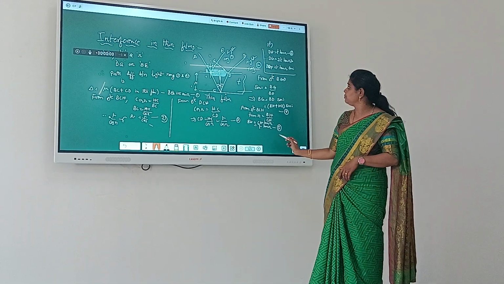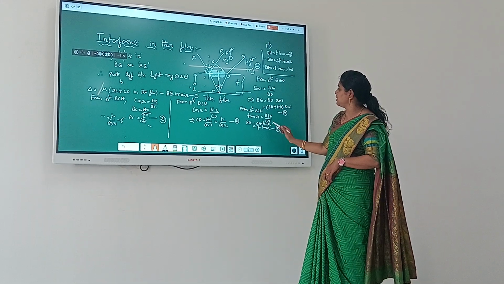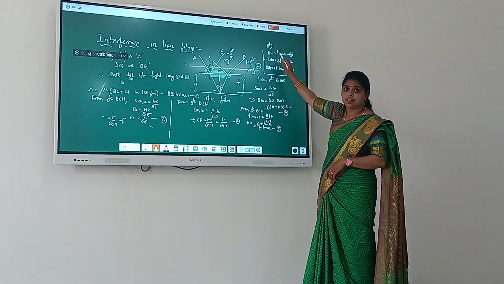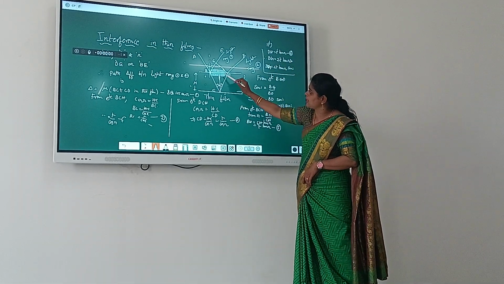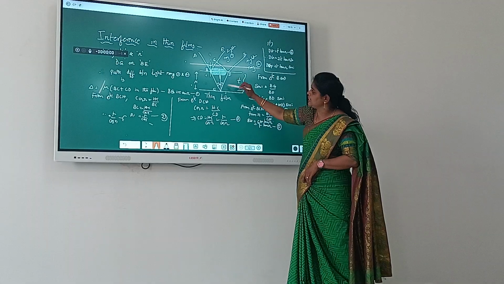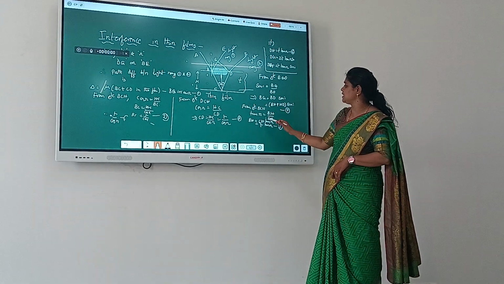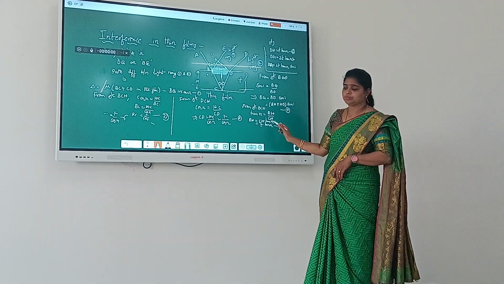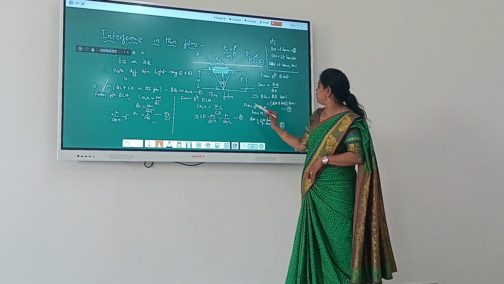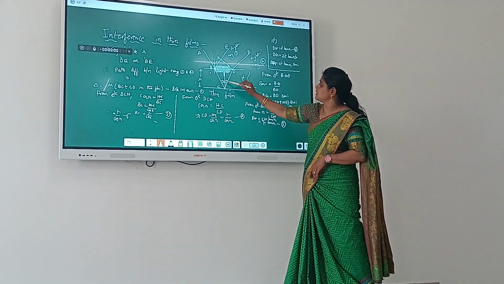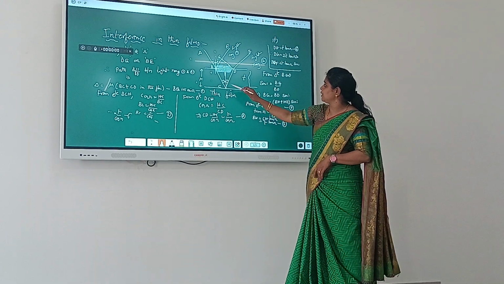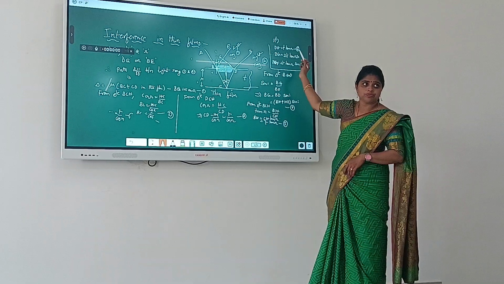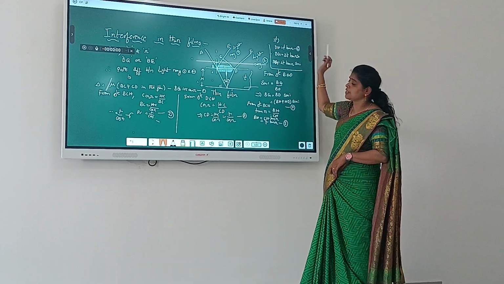That is equation 5. Similarly, HD also comes to T into tan R. From the triangle, tan R equals HD by HC, so DH equals T into tan R. So this is equation 6.